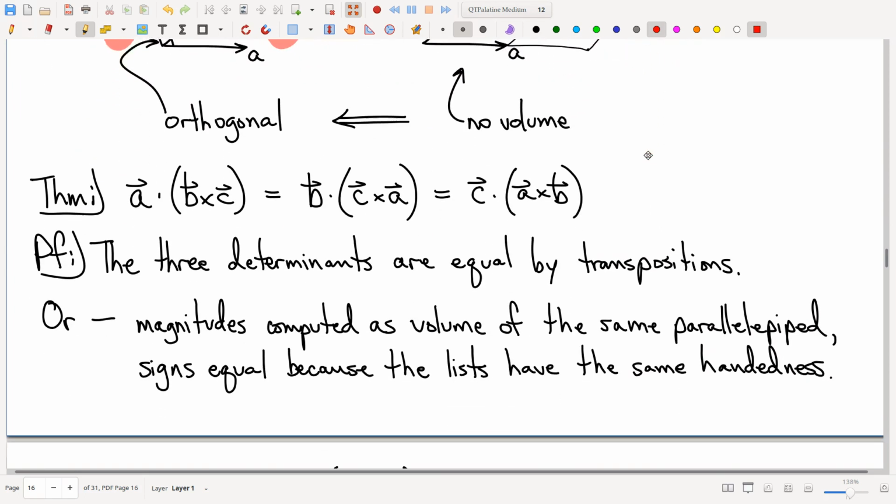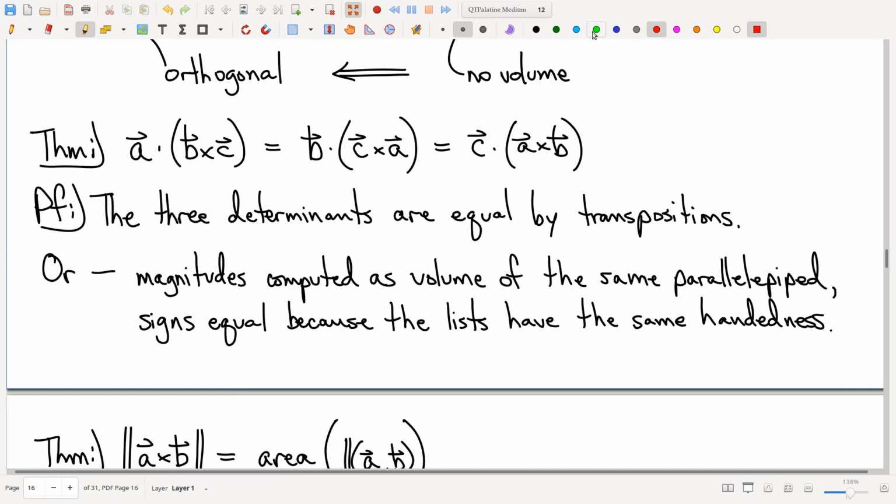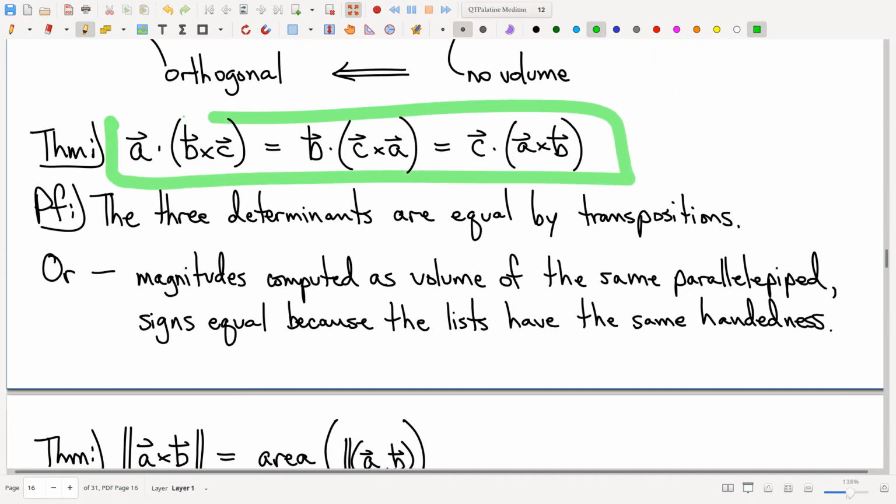Okay. Another neat fact, very surprising theorem here. The triple product is preserved by cycling. Now notice, there's a temptation to look at this and think, oh yeah, yawn, it's like associativity or something. It's not. This is very importantly not an associativity. We are rotating the vectors in a list where there are two different operations.